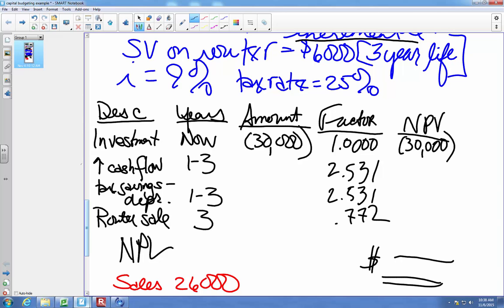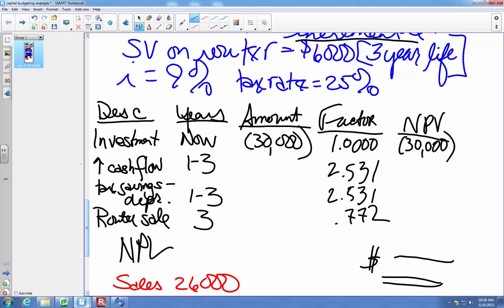Okay, so to figure out how much you're going to depreciate, you have your $30,000 router, right? You have to subtract your salvage value to find out how much you're going to depreciate a year. So 30,000 minus the 6 that you're going to sell it for, you're going to depreciate $24,000 over the course of 3 years.